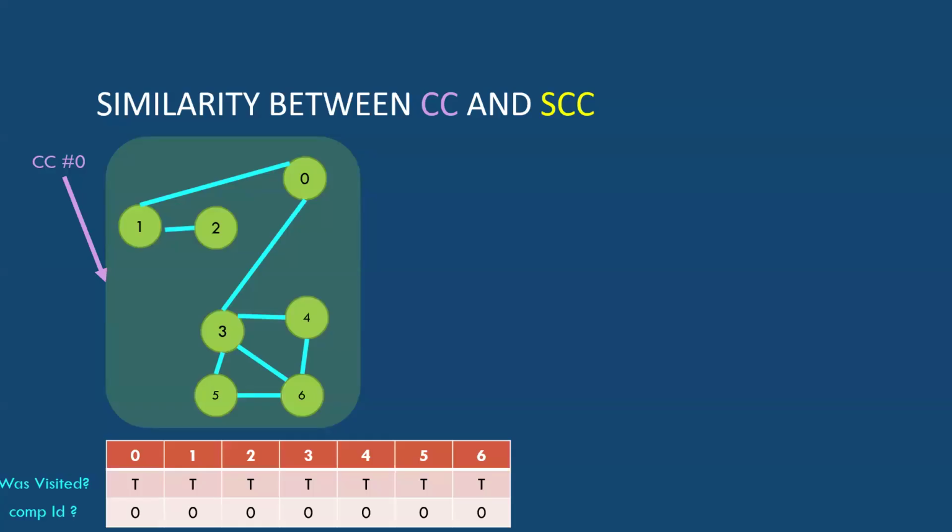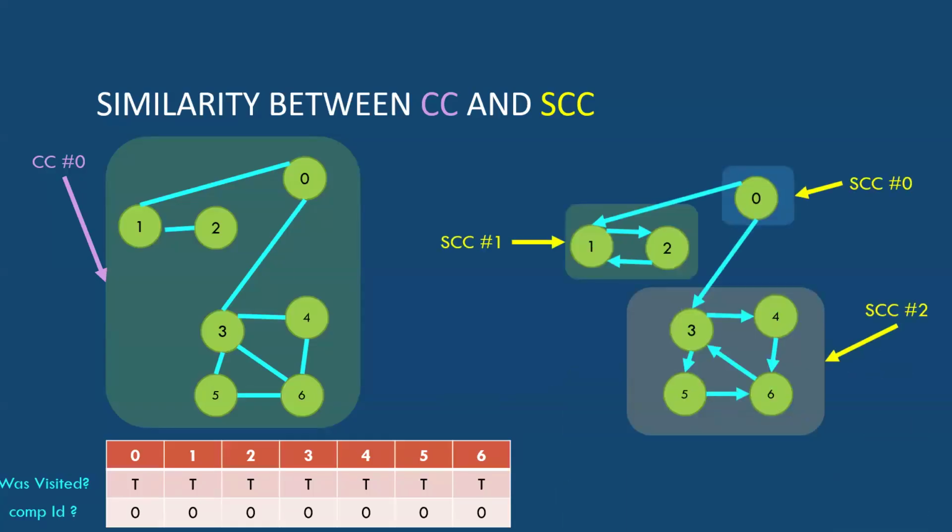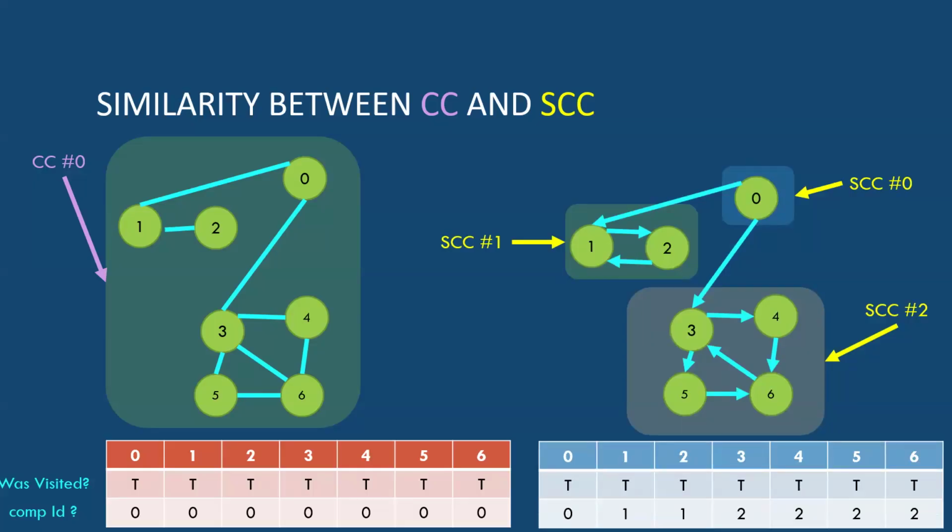Okay, so let's just put the algorithms side by side. The connected component and the strongly connected component use the same data structures, was visited and component ID. Except here, we're counting strongly connected components, and over here, we're counting connected components.